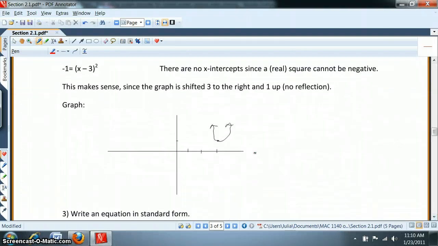So this is how the graph looks, and it makes sense. There's no reflection, and the vertex is above the x-axis, 3, 1. So we don't have x-intercepts, and the y-intercept is way out there at 0, 10.